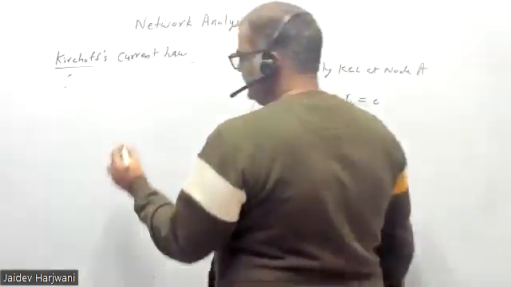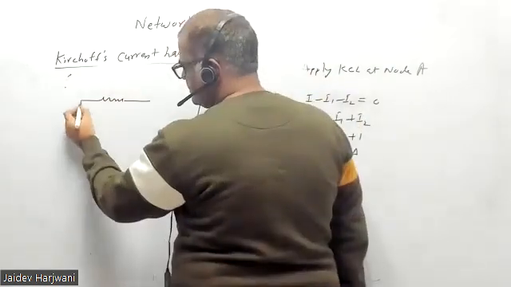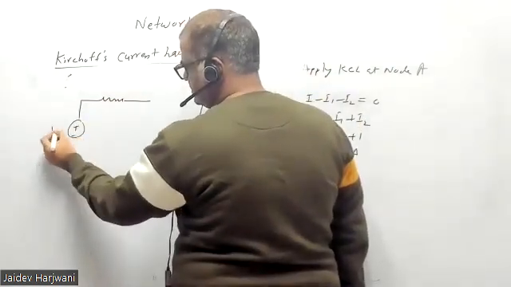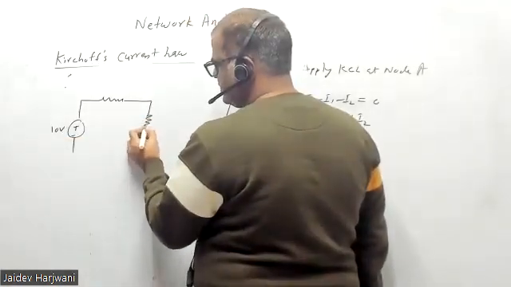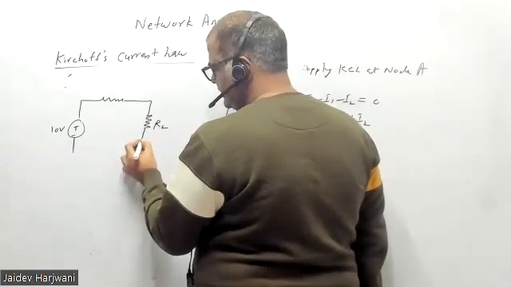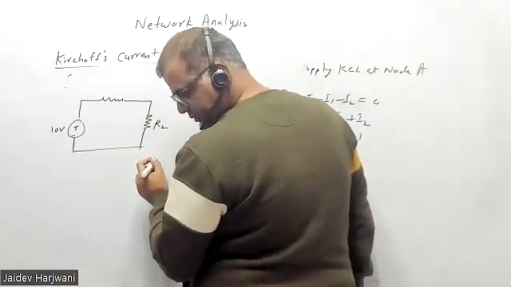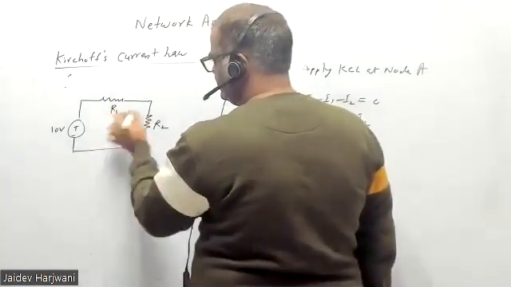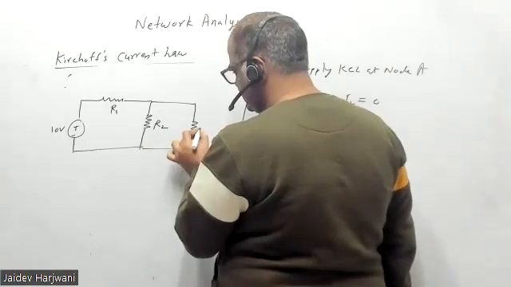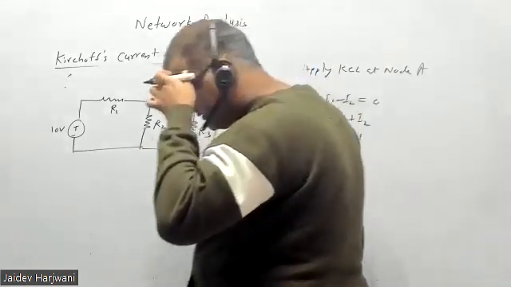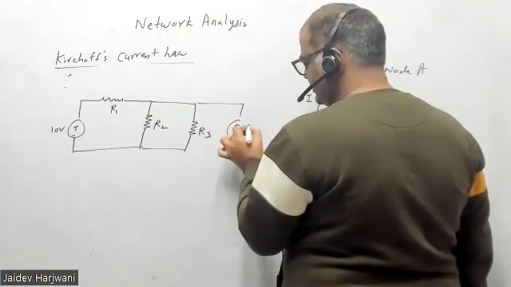Let me say I have one more circuit here. 10 volt. This is R2, this is R1, and this is R3. And say this is 5 ampere.